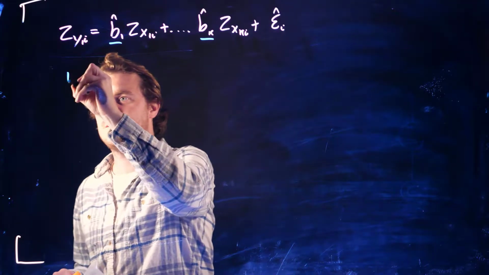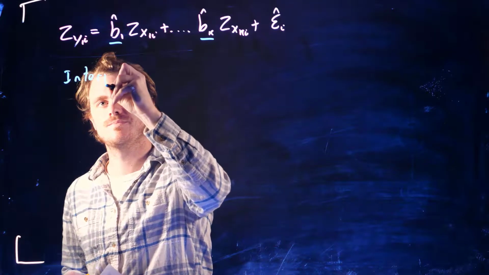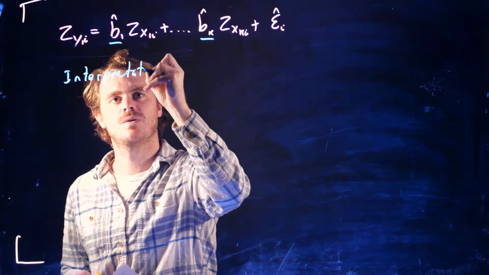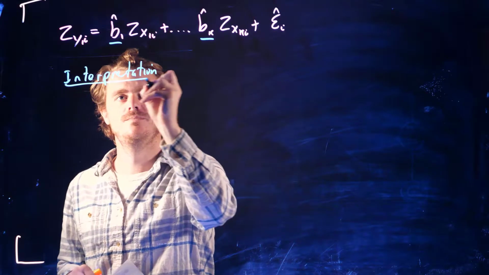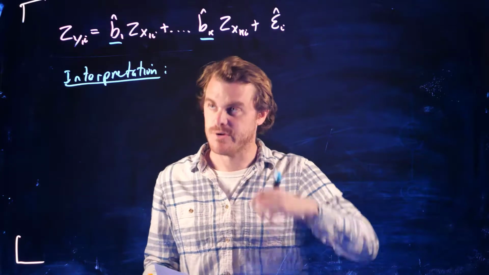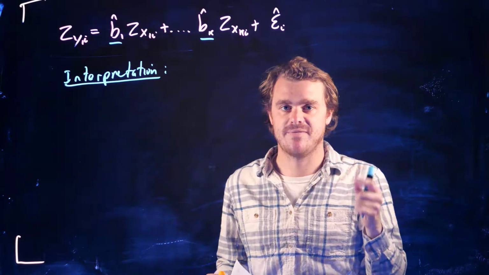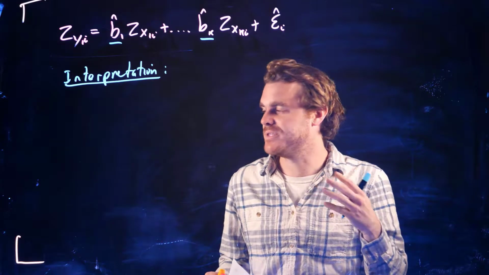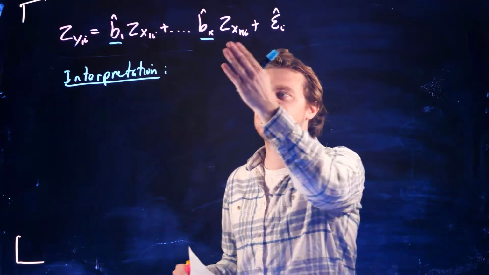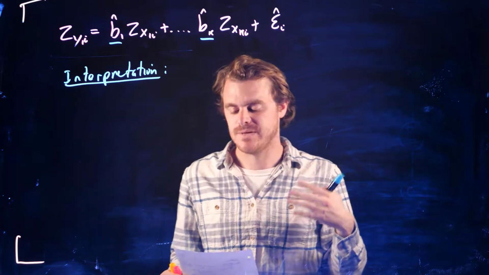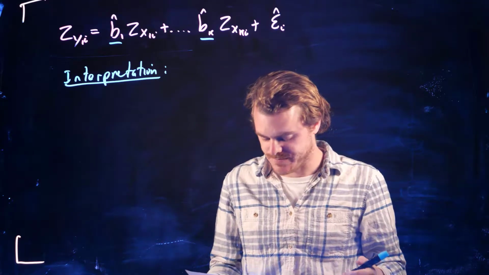So the interpretation is now the following. We're going to keep it general here. Let's look at a specific example in a couple seconds, with actual variables, so we can think about how to interpret an actual situation.